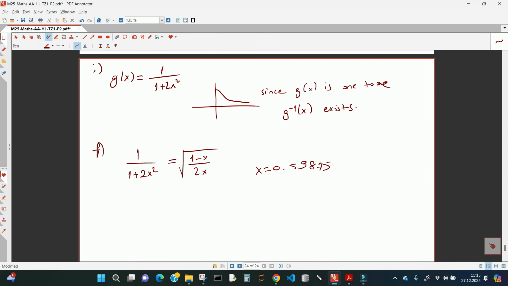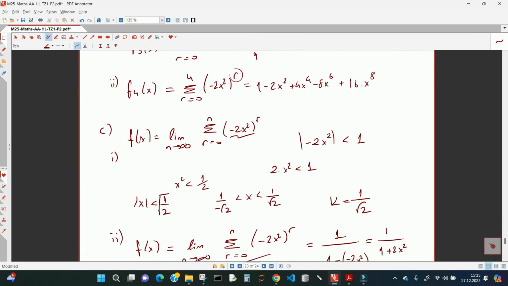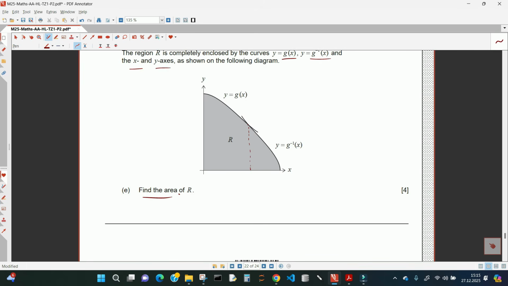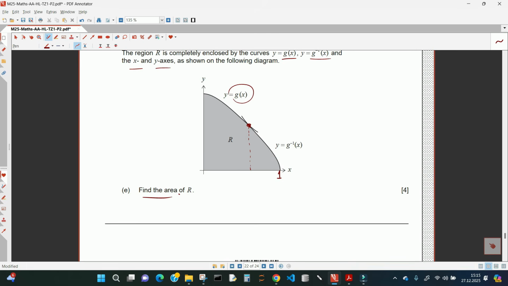So I'm going to first check the diagram again, the graph. As you see, from the start until the intersection point, I will take the function g of x, but after here till the point 1, I will take the integral of the inverse of this function.